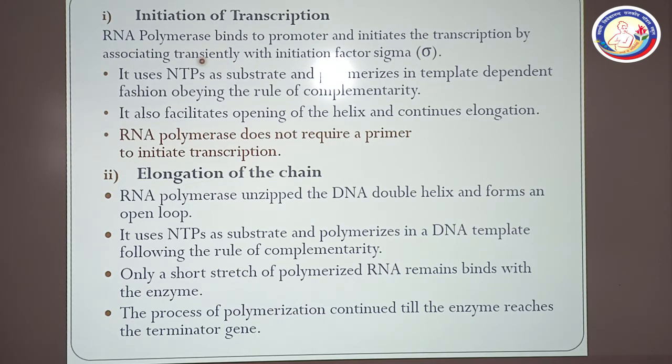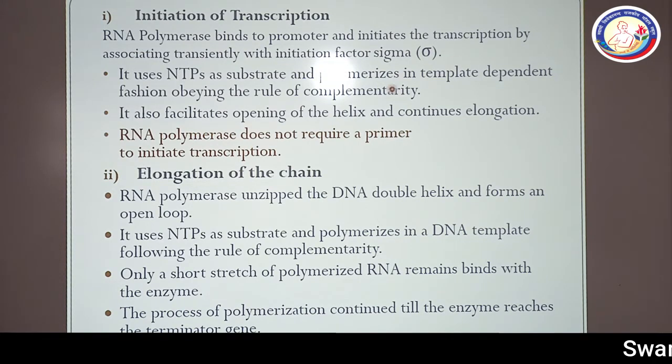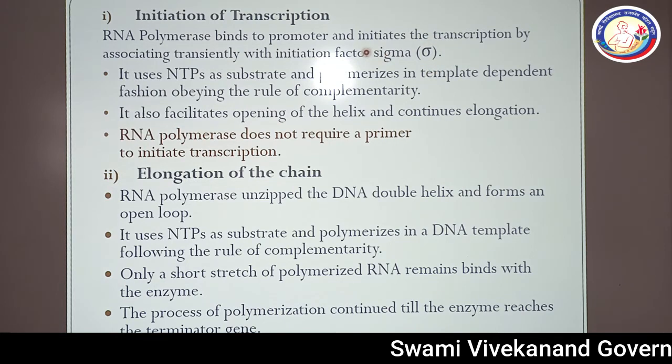RNA polymerase binds to the promoter. The promoter gene is present where the RNA polymerase enzyme will bind and initiate the transcription by associating transiently with the initiation factor sigma. So the sigma factor will initiate the transcription.